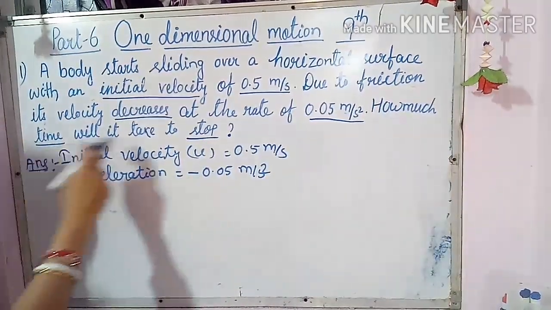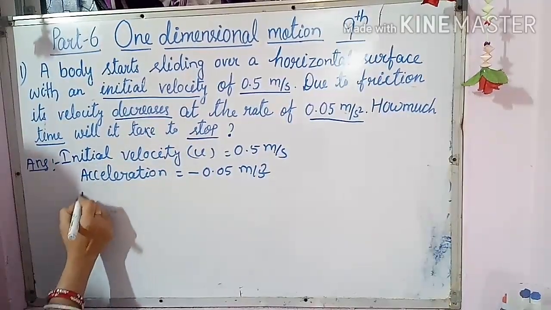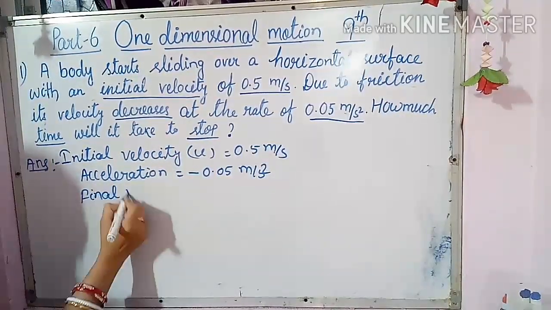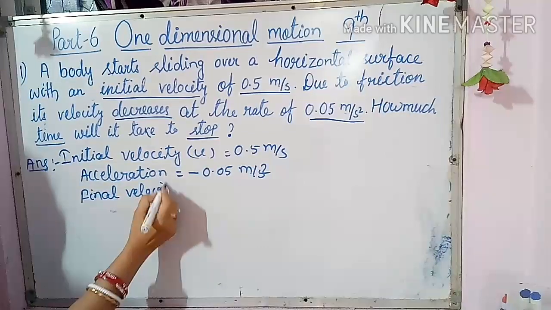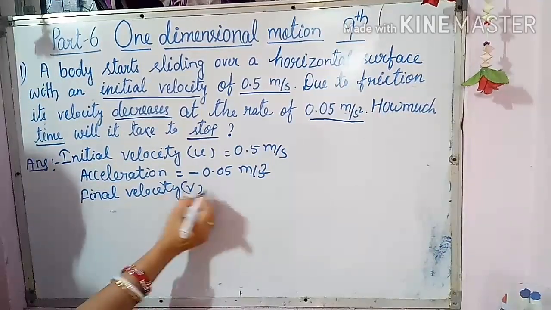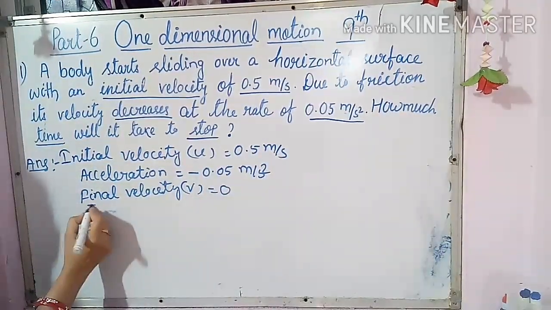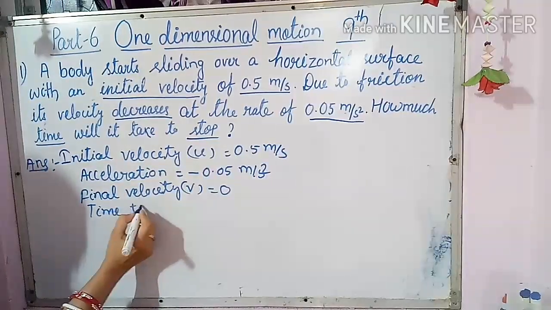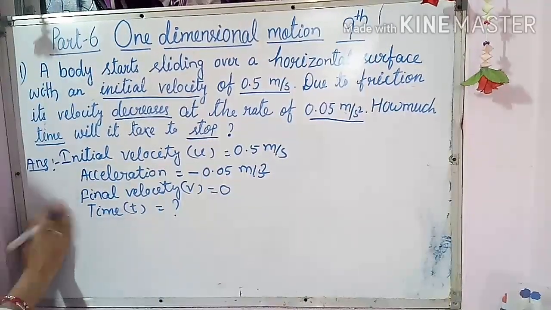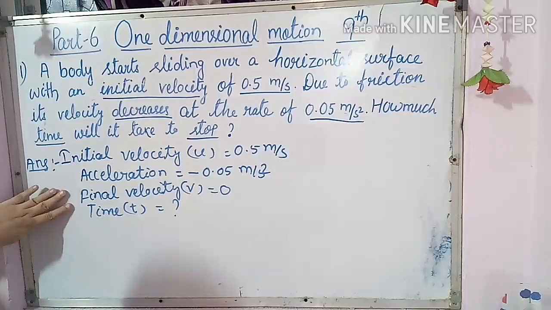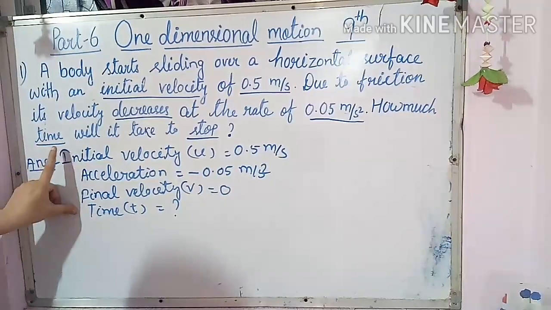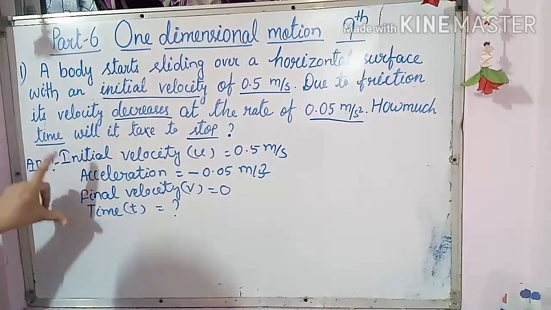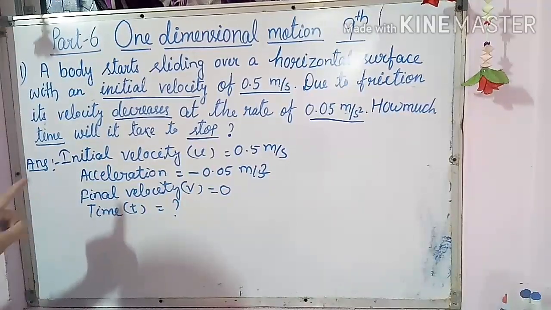Then how much time will it take to stop? Stop means your final velocity, v equal to 0. Then what is being asked? Time t is the question mark. Now you can understand, children, this is our given condition. According to the given condition, you just identify which equation you will apply.